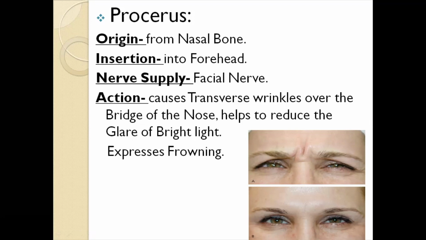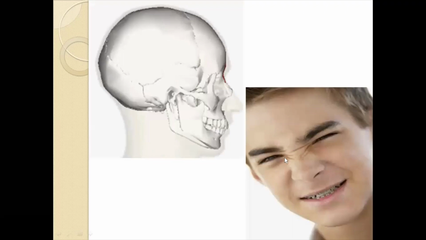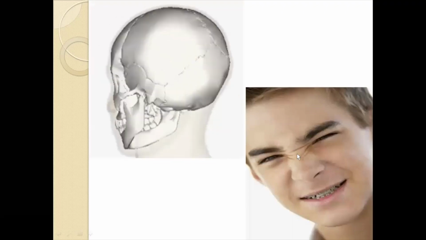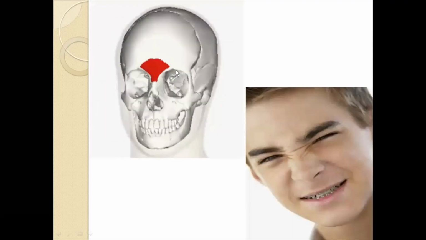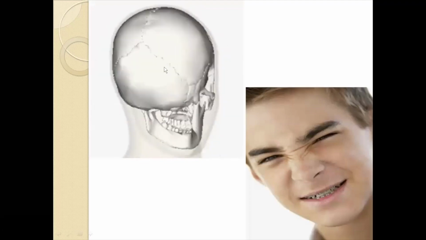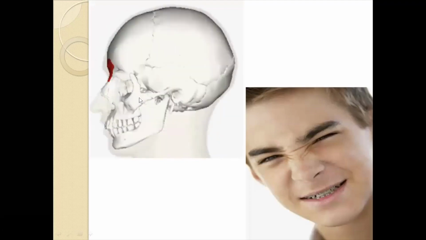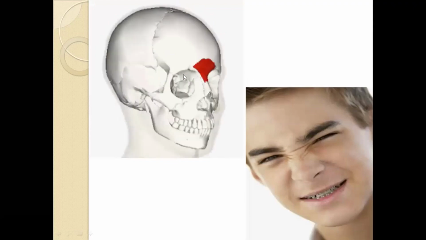What is the origin? The origin is from the nasal bone and the insertion is into the forehead. Okay, you can see very well the image and you can appreciate it with the help of the diagram. The origin is from the nasal bone and insertion is into the forehead.